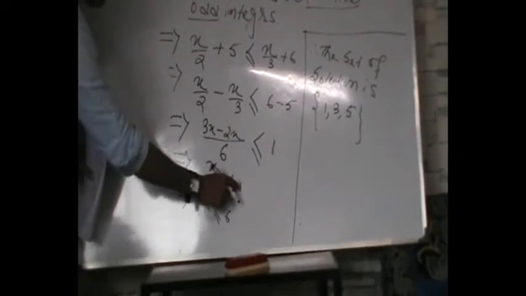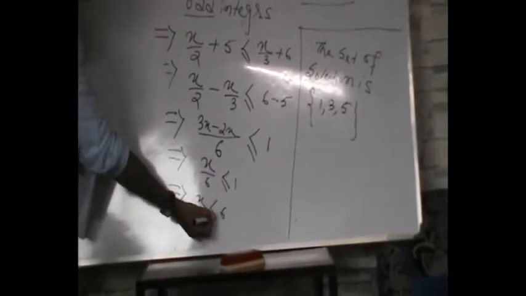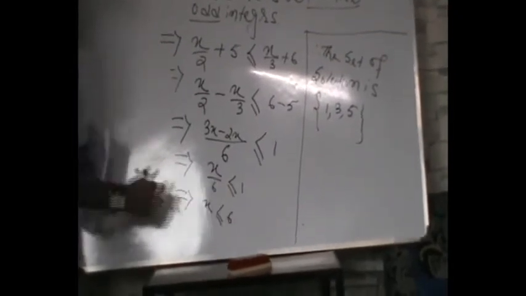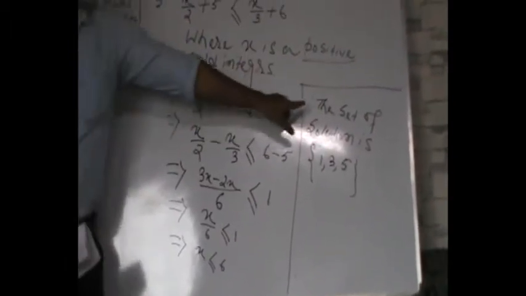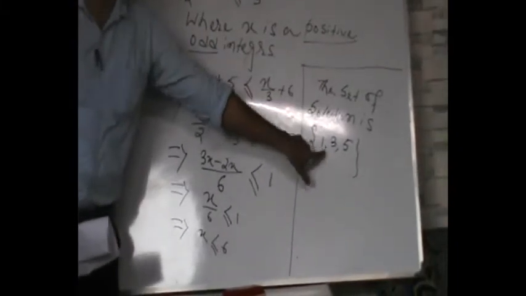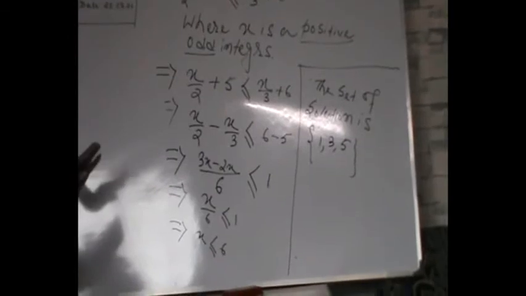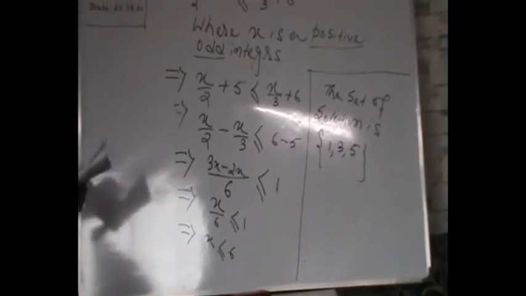So overall, this 6 and 1 then cross multiplied, and x less than equal to 6. These are the actual sums, and according to the statement, x is a positive odd integer. That's why we have found here the set of solution is 1, 3 and 5. Clear? This was sum number 3. Let's continue with sum number 4.